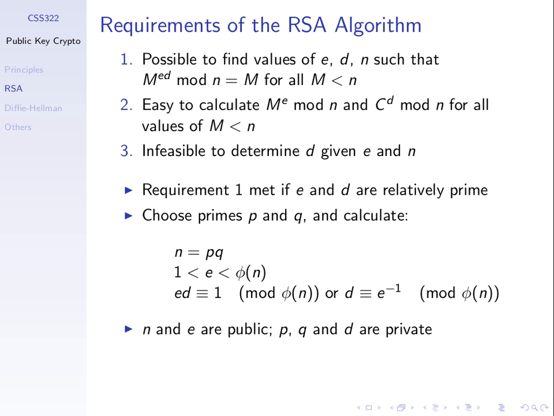So, what's our requirement? E times some number mod the totient of n. That's our requirement. We want to find the multiplicative inverse of E, 7.